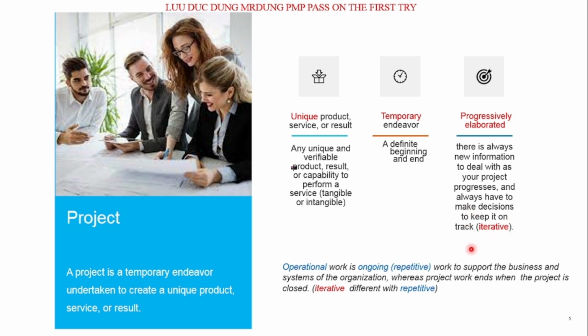Iterative adds more information, new information, in each loop. Ongoing, always the same, repetitive work, supports the business and staff of the organization, whereas a project will end when the project is closed.